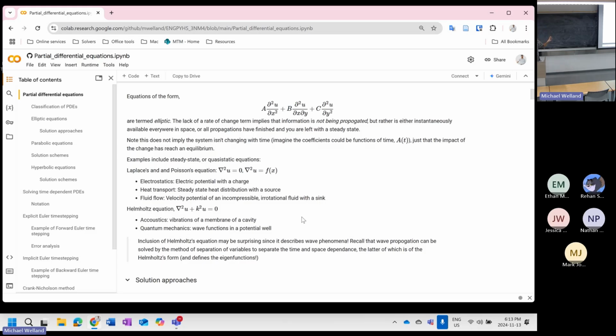You separate them out, you say that that's equal to a constant, in this case, k squared, and then you solve them individually. Turns out that those k squareds are actually your eigenvalues for these things. And what you've done is you've separated out your spatial dependence and your time dependence. We'll probably circle back to this in 2 weeks' time, when we talk about eigenfunctions.